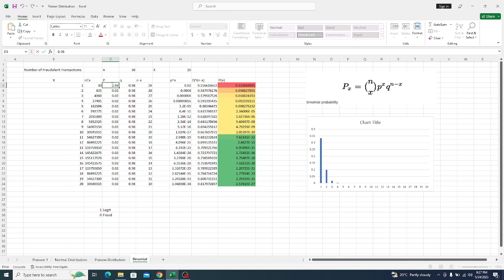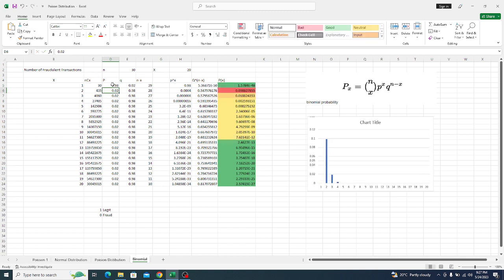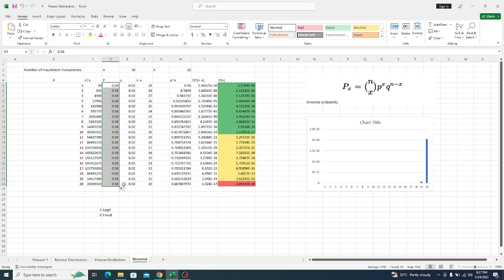So let's assume now 0.998 is the probability of getting a fraudulent event. So you can see now the probability distribution will change, meaning the probability of all the transactions being fraudulent is very high. Why? Because that area is prone to high fraud.